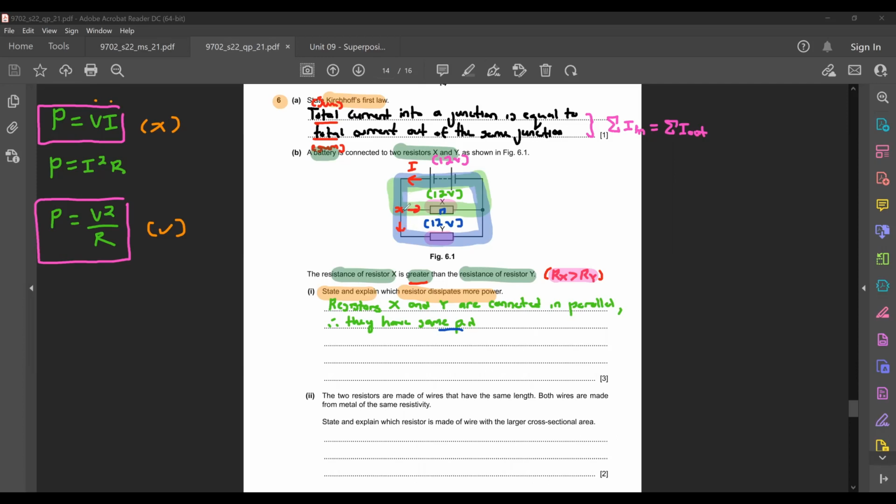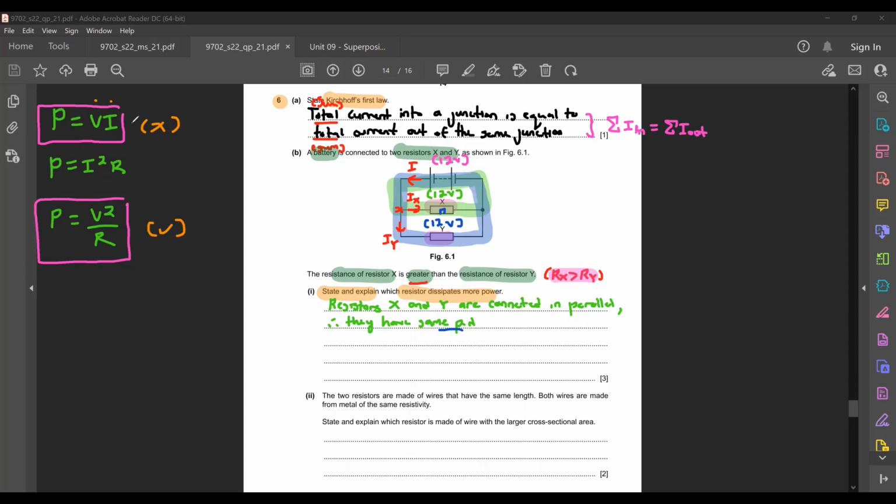Okay, so the current here at the top will be Ix going through resistor X. The current at the bottom here will be Iy going through resistor Y. We do not know the relation between current X and current Y. So we won't use anything that's related to current here because it only means that we need to do extra work.